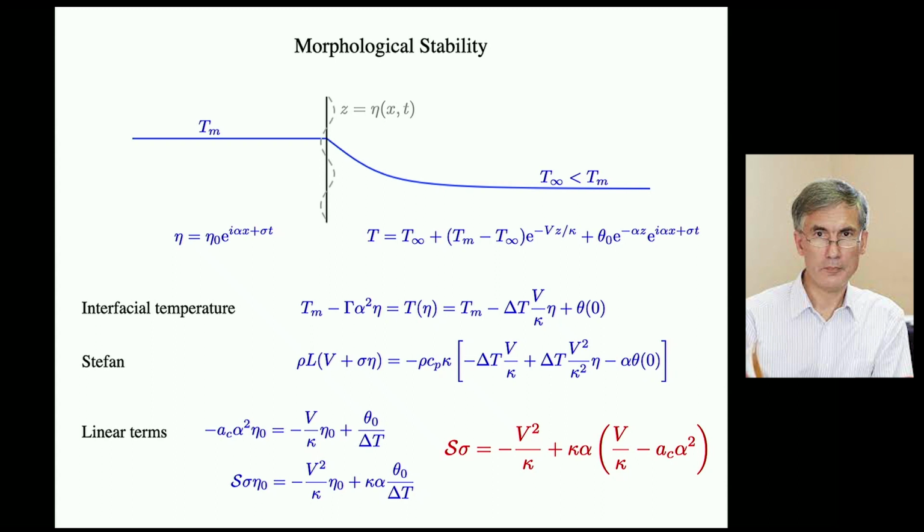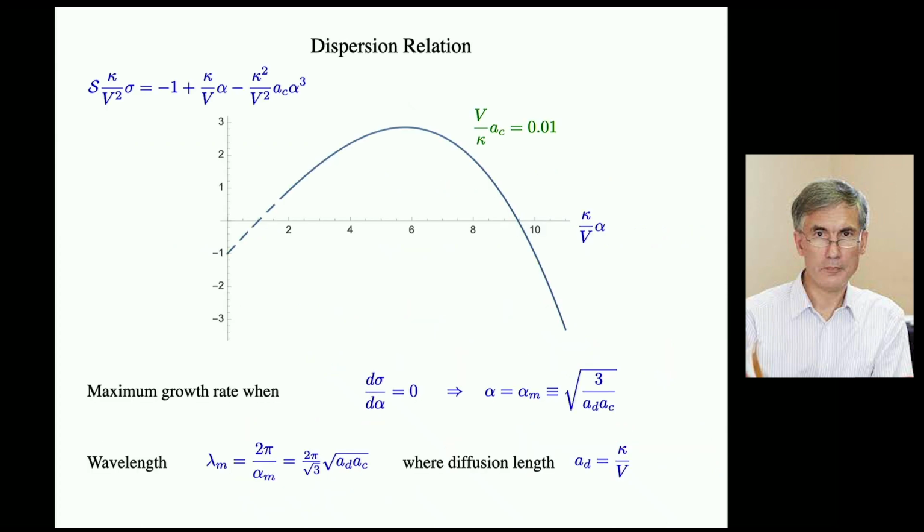The linear terms are here. I'm not going to spend time on it. These are there really for your later reference if you want to work through the details. And if we eliminate theta naught between these two equations, we get this expression for sigma. So this is the final answer. And we can plot that up, which I've done on the next slide.